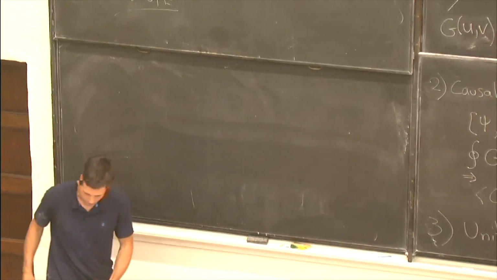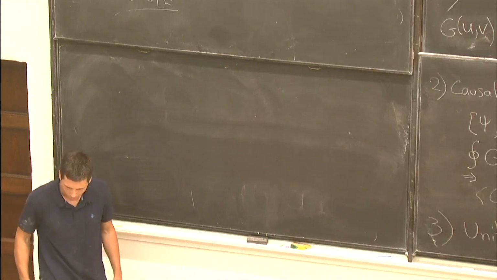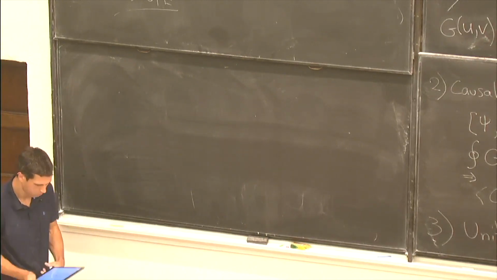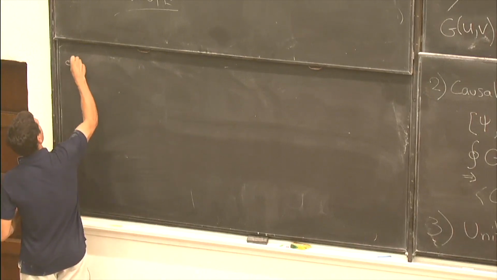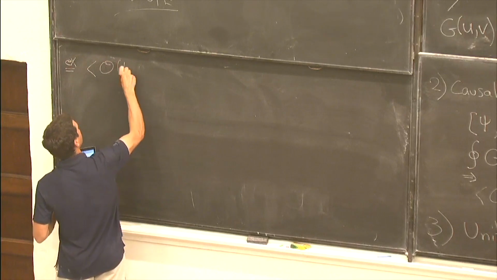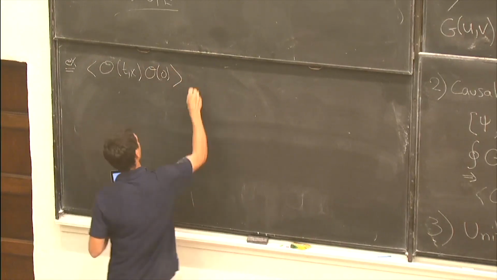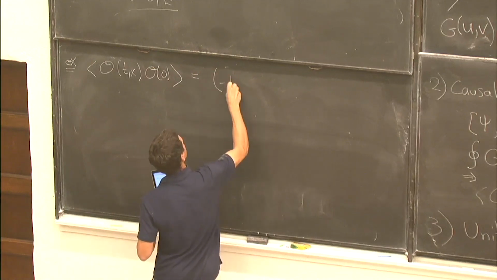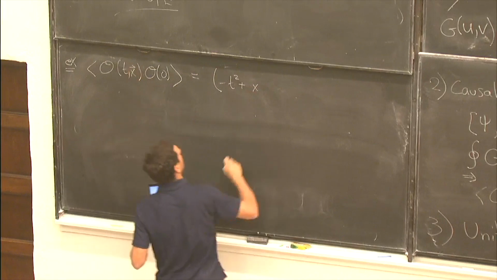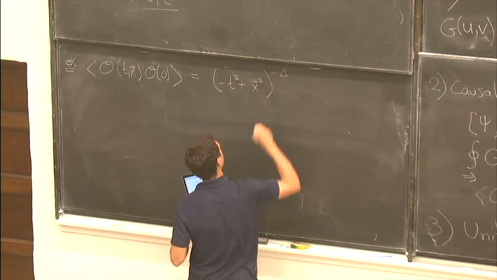Okay, so the last thing I want to do today is just play with the example of the two-point function for a minute. So if we have operator O of t, x, O of 0, then we know the two-point function is minus t squared plus x squared to the minus delta.